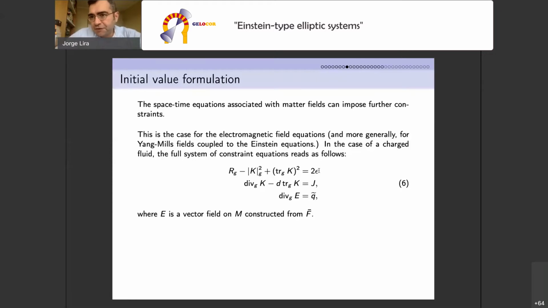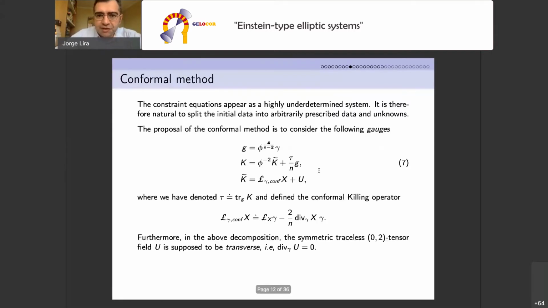The idea now is to follow the steps by Lichnerowicz and Choquet-Bruhat, and try to represent this system 6 in terms of PDEs. To do that, you consider some particular gauge for this initial data. For instance, you assume that M, the initial manifold, which is Riemannian, has some background Riemannian metric gamma. So gamma is the fixed metric in this initial surface M, the initial background metric.